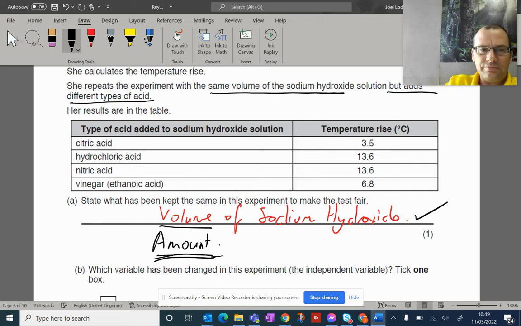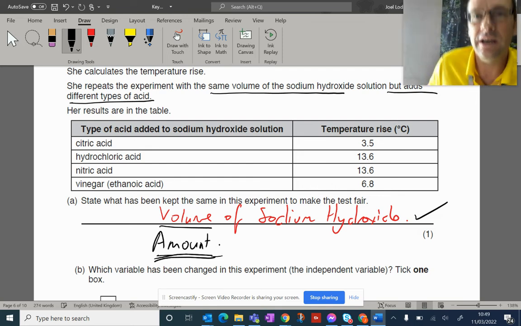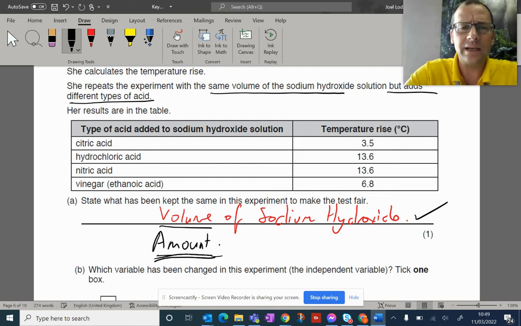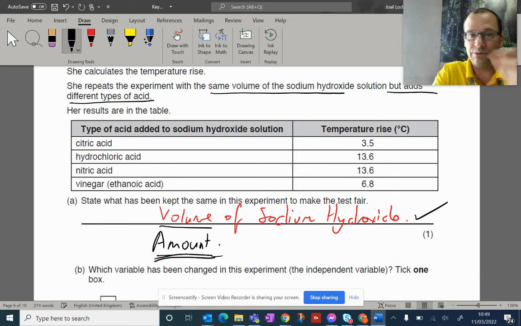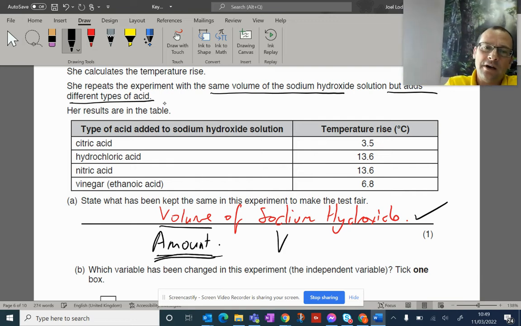When we're talking about liquids or gases, we always talk about the specific volume of that particular liquid or gas, or if it's a solid, we talk about the mass of that particular solid that we're using, not amount. I did allow amount of time later on, but not for this question. So it was volume of sodium hydroxide, also volume of acid.